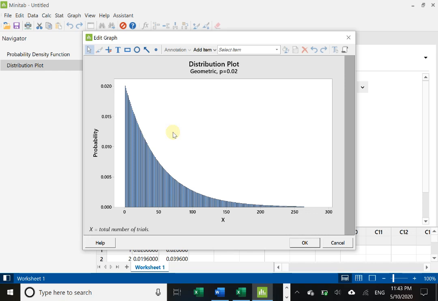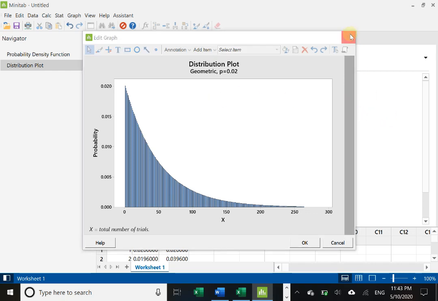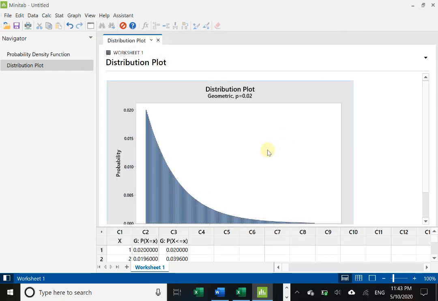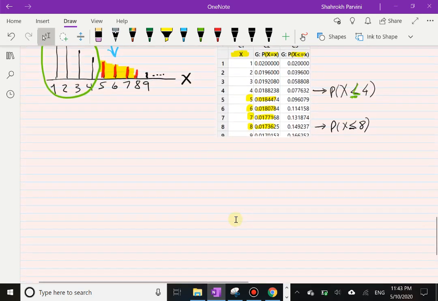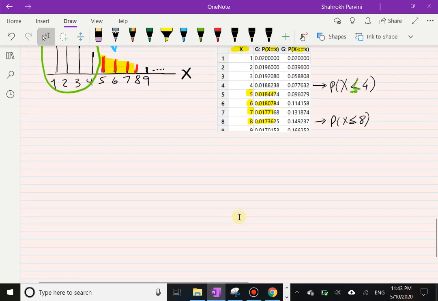So you could do the same thing. And if you click outside of that, or just exit out, there you go. That disappears. So this is about all we want to do with geometric distribution. So let me go back here, and we are done with just the geometric distribution.